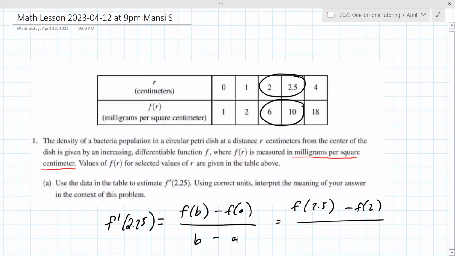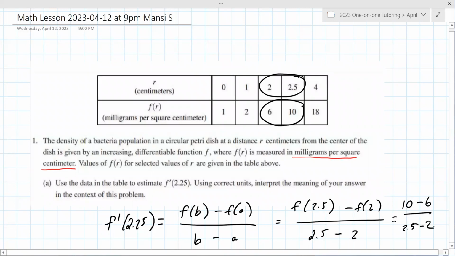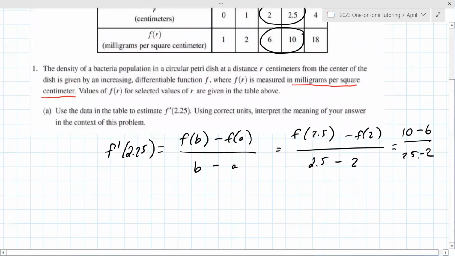The b is 2.5 and a is 2, and then the actual values come from the table: 10 minus 6 over 2.5 minus 2. So we get a number for that, 4 over 0.5, which is 8.